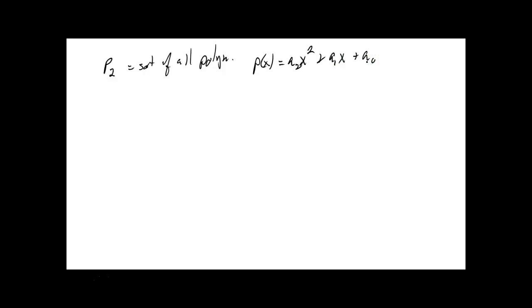Okay. That's a polynomial of that form, P2. You answer this question for me. Would the number 3 be in that set of polynomials? The number 3. The number 3, is that in that set of polynomials?